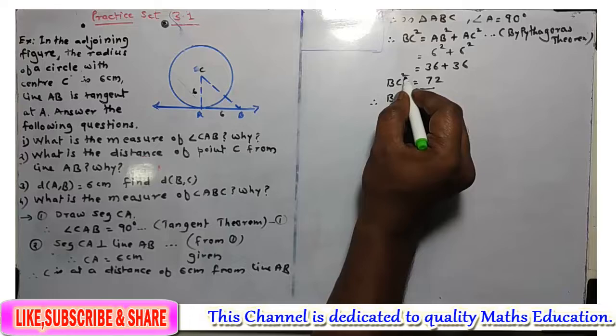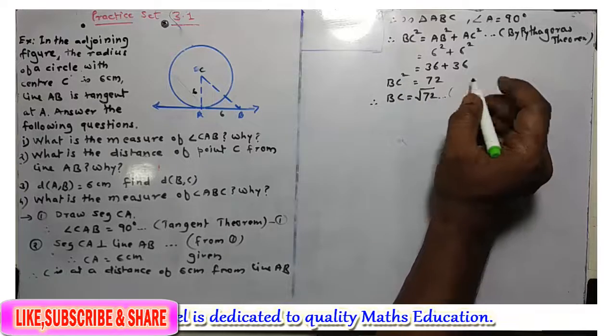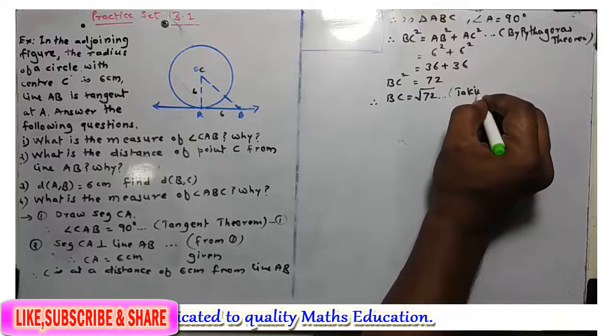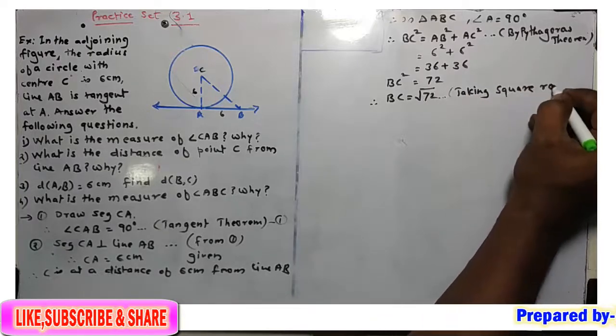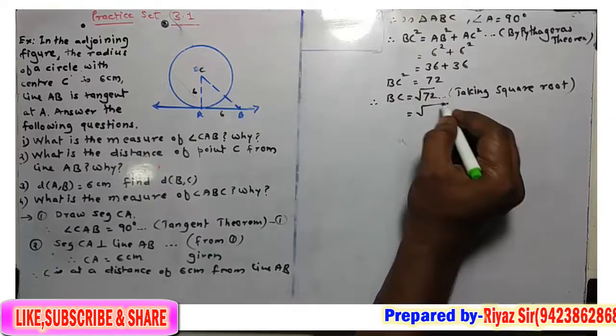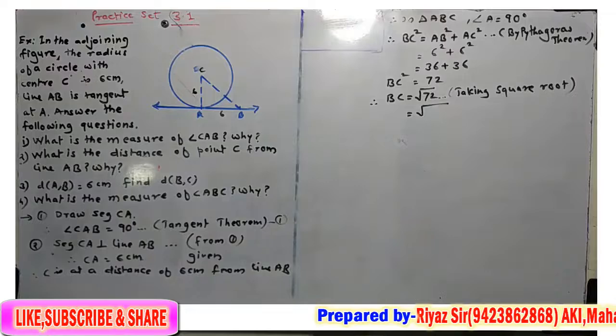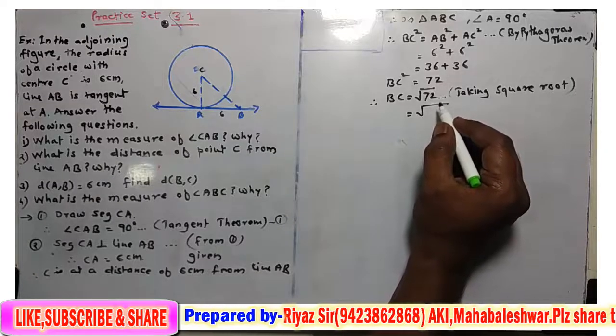To remove this square, we have to take square root on both sides. So here we write reason taking square root. Therefore that is equal to square root of, now 72 is not a perfect square, so we have to find the factors for 72 such that one factor should be a perfect square.